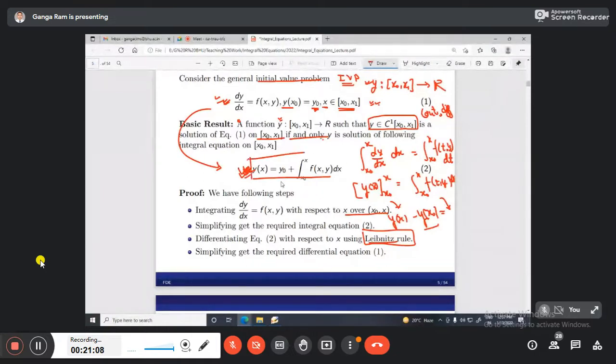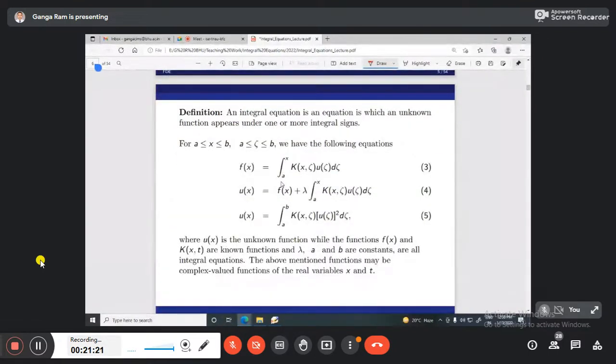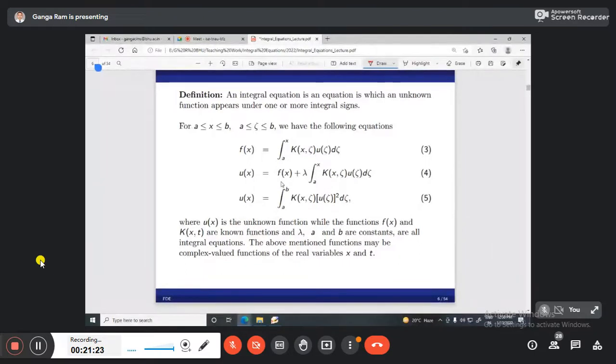Now we will discuss this integral equation. We will take a general form of this integral equation. First of all, we will define what the integral equation is. An integral equation is an equation in which an unknown function appears under one or more integral signs.